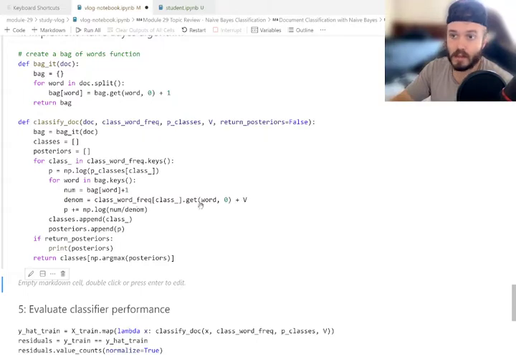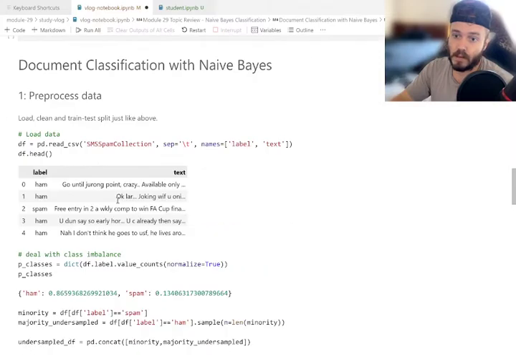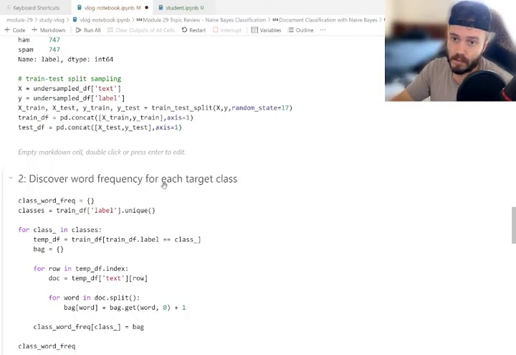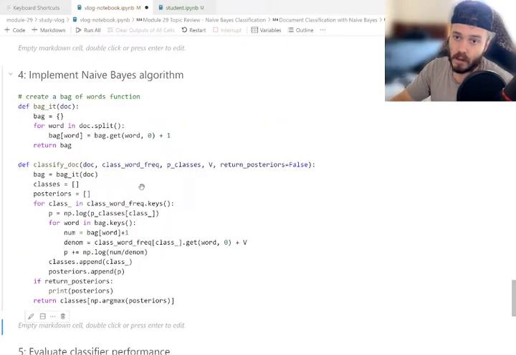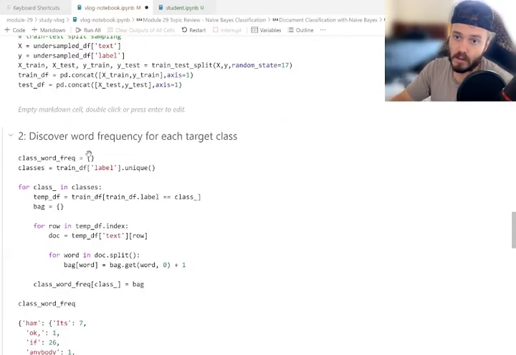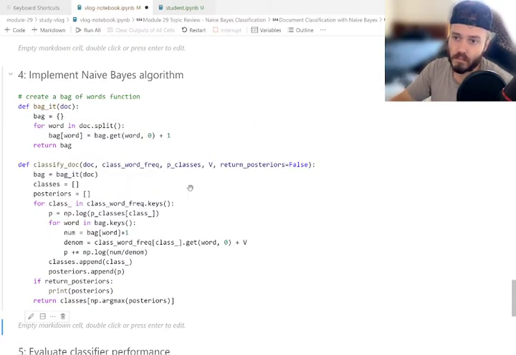So this is essentially executing the naive Bayes math, if you will, on this data that we've pre-processed for the purpose of classification. This makes a lot more sense in my head than it does when it comes out of my mouth, so I'm sorry about that. But that's the point of these videos, for me to practice this sort of stuff.